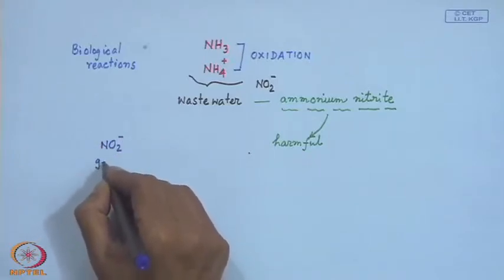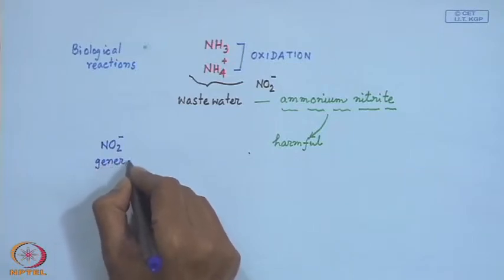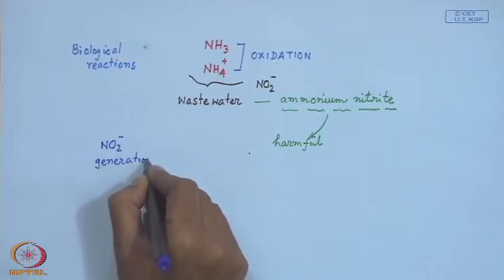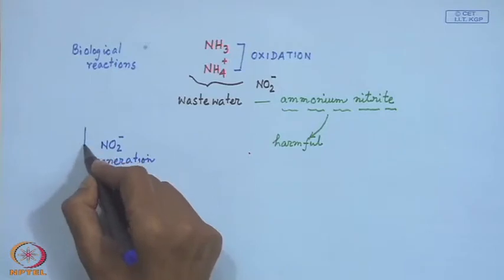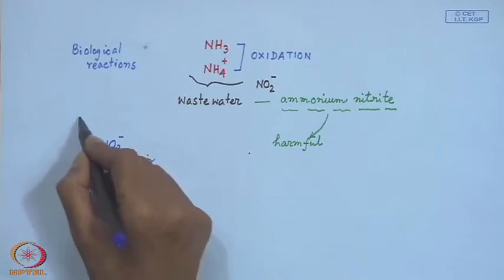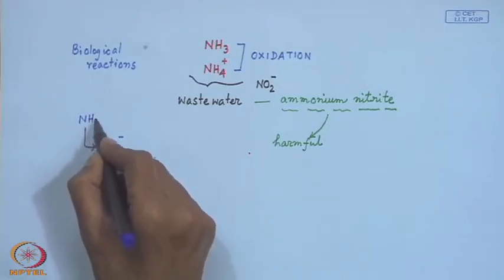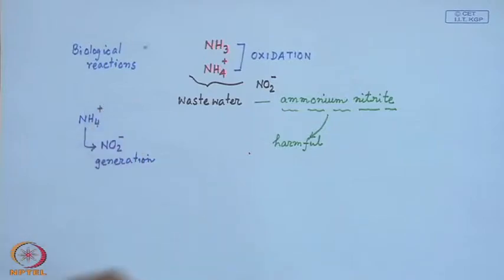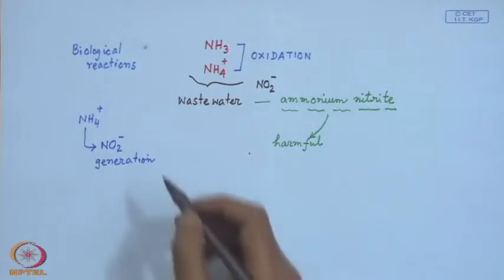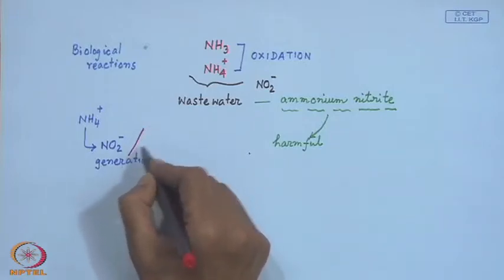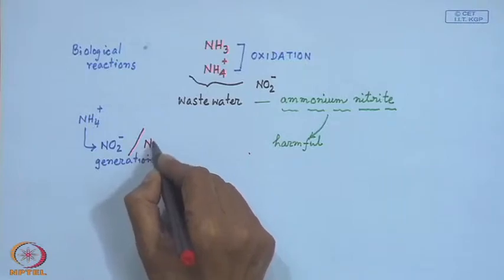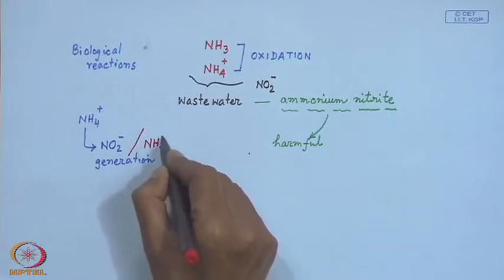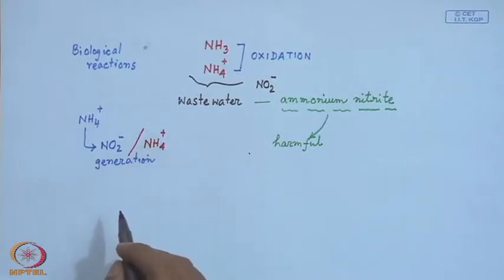generation from where? From the ammonium ion is therefore important. So, once it is formed, we already have the ammonium ion in the system.